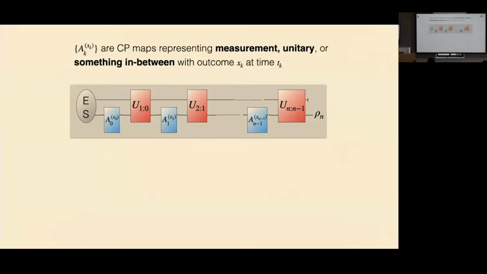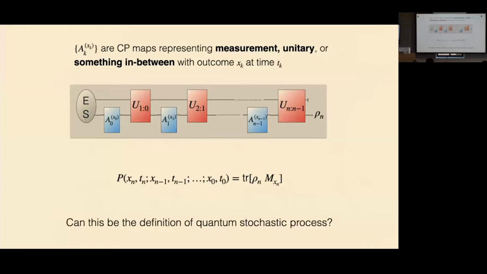So if you apply a unitary, there is no outcome corresponding to it, but you might keep a record of what unitary you applied. And the T's are the times. So now if you were to make a bunch of measurements and observe some sequence of outcomes, we will get a probability distribution for seeing those outcomes.